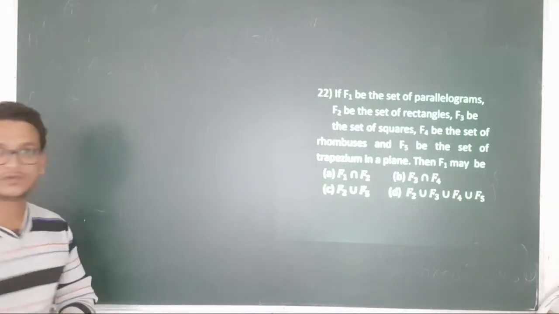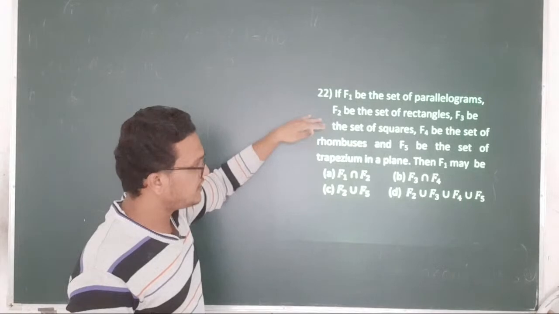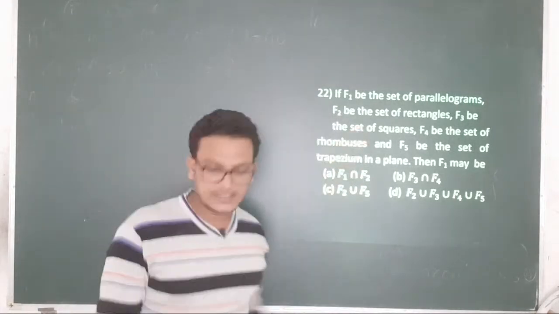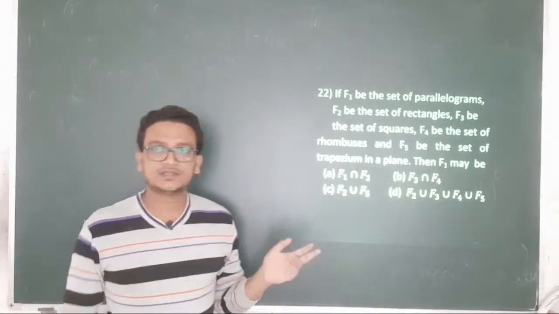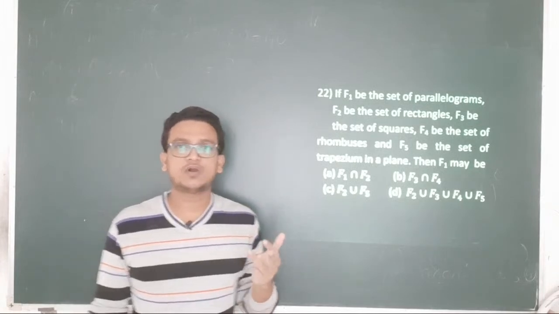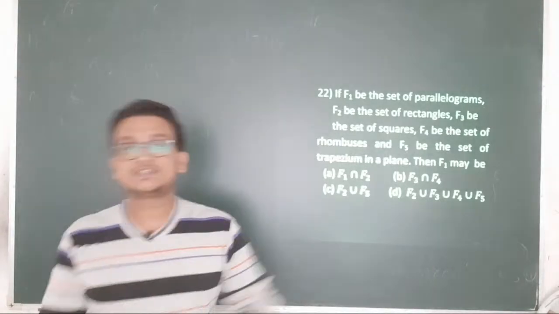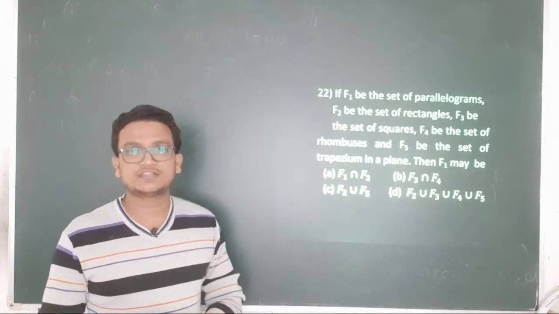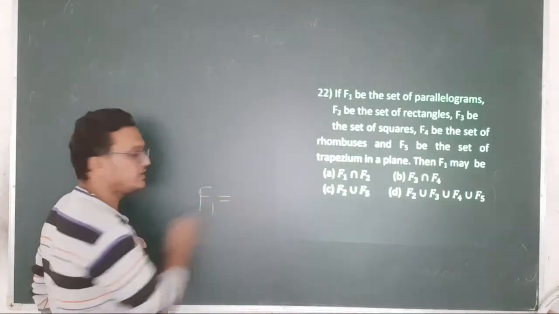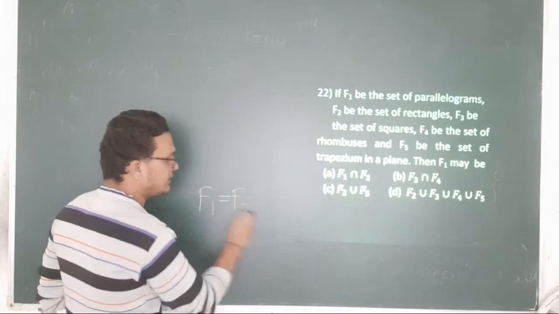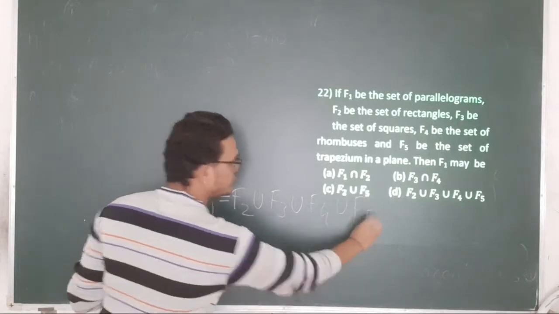How come? See now, F2, F3, F4 and F5, I will say each represents a parallelogram, because all these figures are quadrilaterals which satisfy the property of a parallelogram. So F1 is F2 union F3 union F4 union F5.